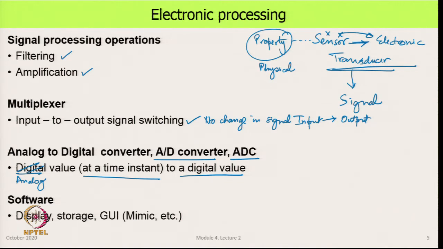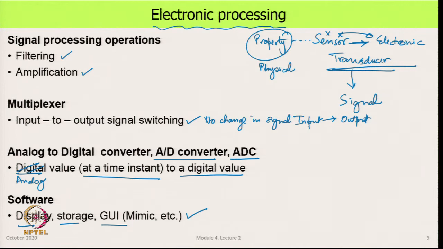And then thirdly, at the end we have our software, which can be a display, storage or a graphic interface, which could be like a mimic of the system, and in real time we see all the data on it. So, this is all that goes on in what broadly we have called signal processing.